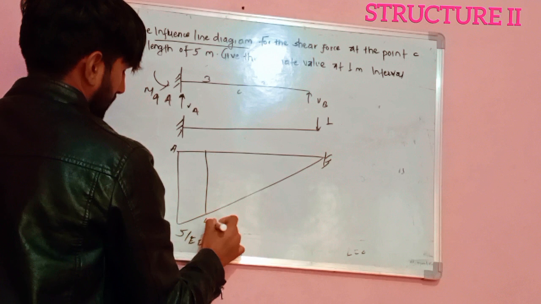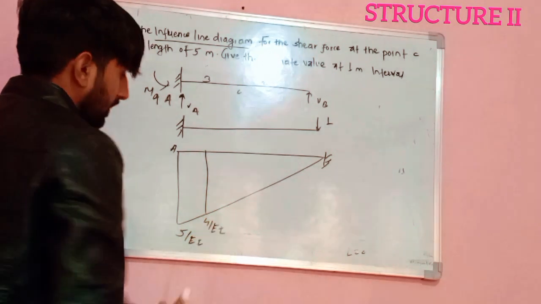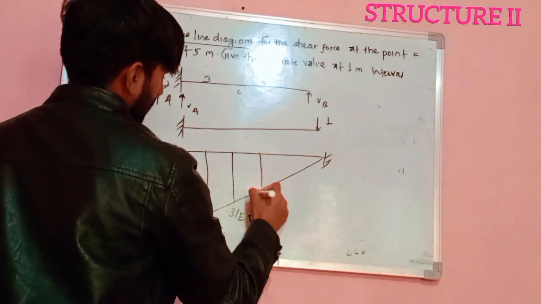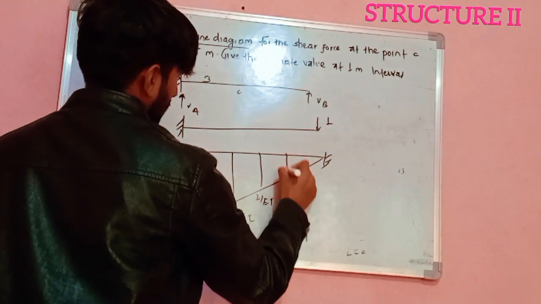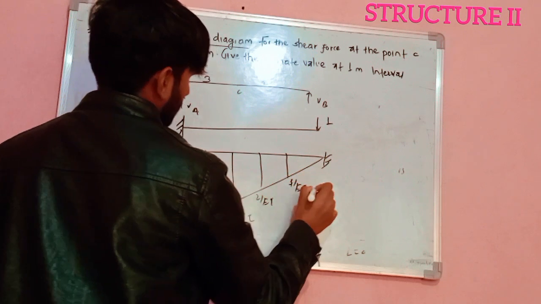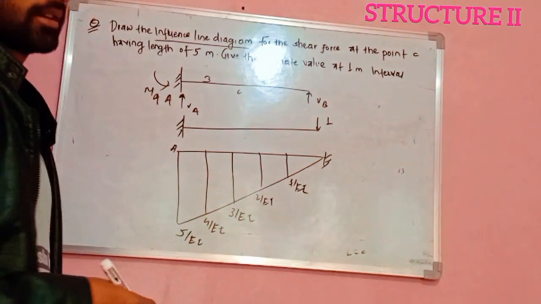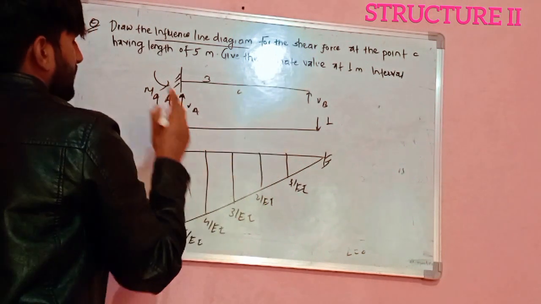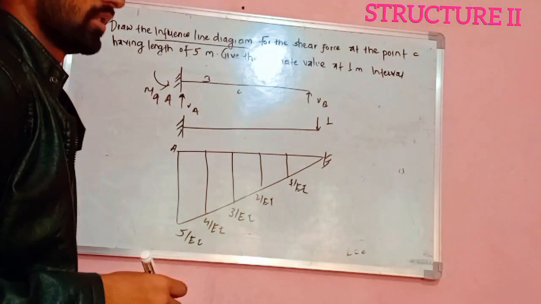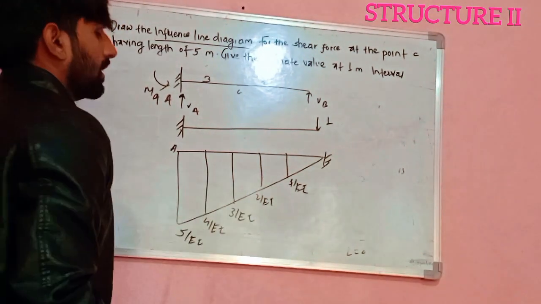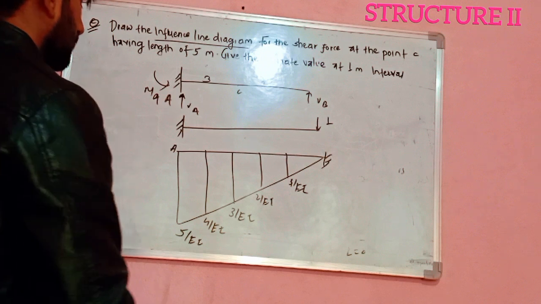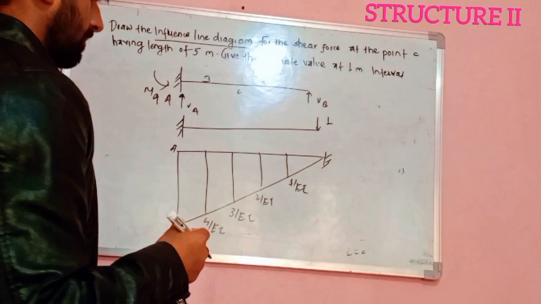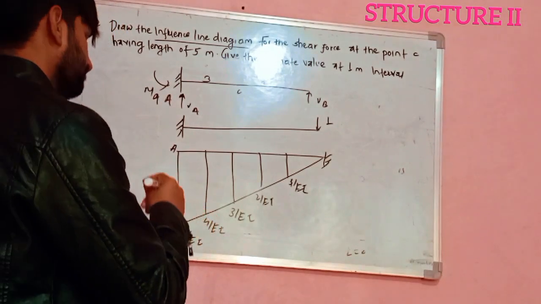Similarly, this will become 4 by EI, this will become 3 by EI, this will become 2 by EI, and this will become 1 by EI. In this way, we find the ordinates at 1 meter interval, because the question asks us to find the ordinates at 1 meter interval. That is why we have found the deflection, in the bending moment diagram, at intervals of 1 meter.